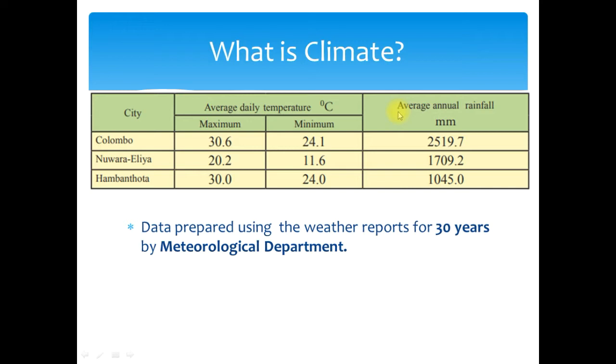Which city has the highest average temperature? Can you find the answer? Yes, Colombo, and it is 30.6 degrees Celsius. Which city has the lowest average temperature?